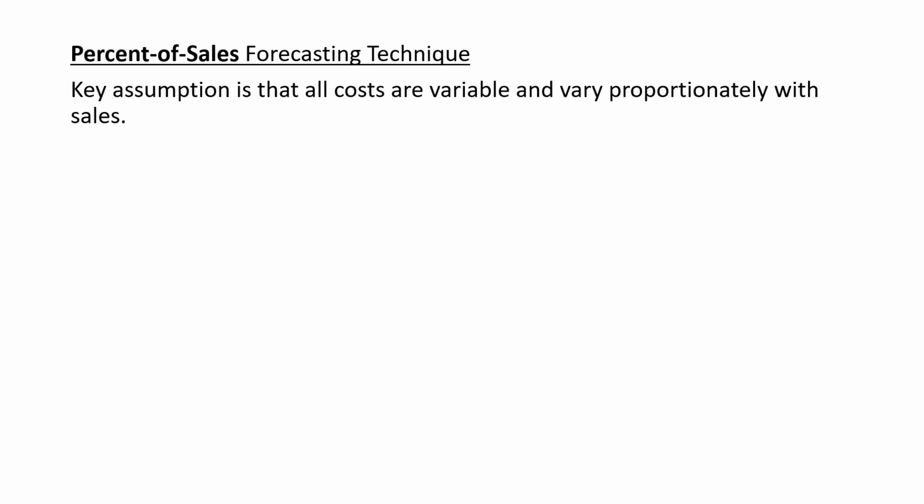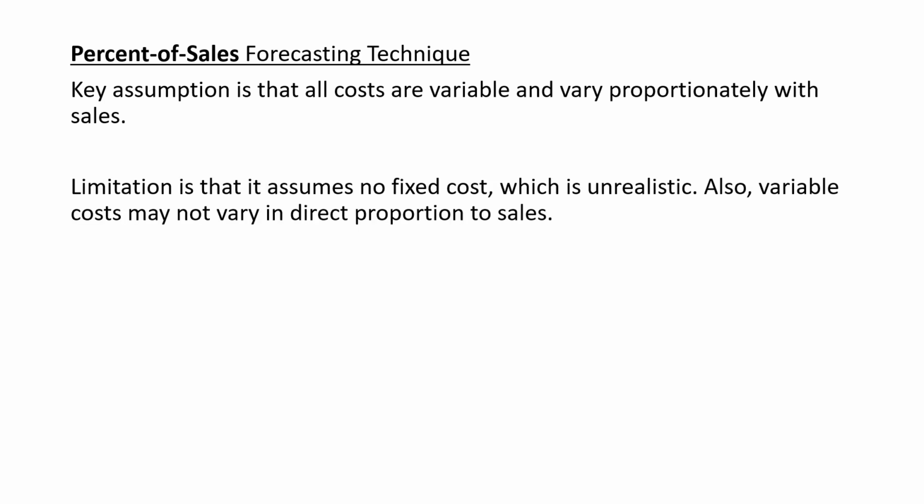The key assumption is that all costs are variable and vary proportionally with sales. The limitation is that it assumes no fixed cost, which is unrealistic. Also, variable costs may not vary in direct proportion to sales.